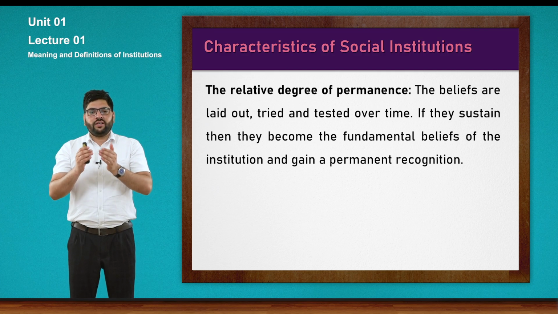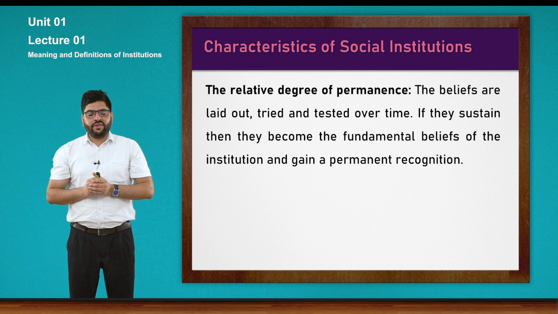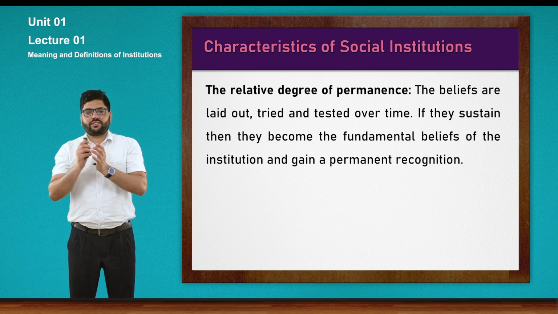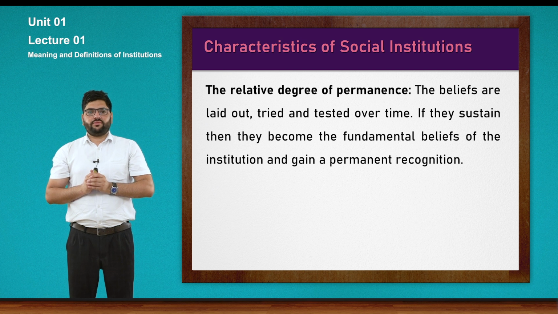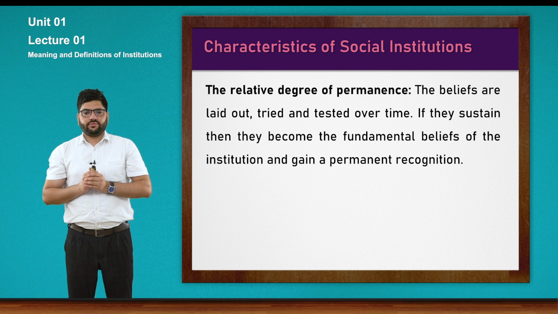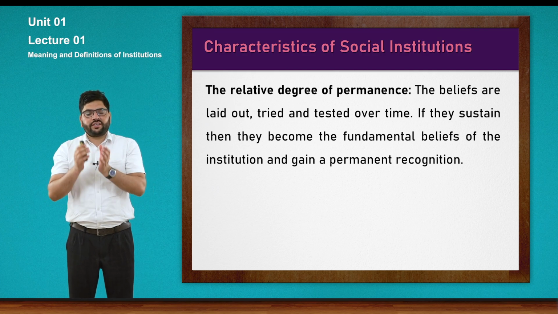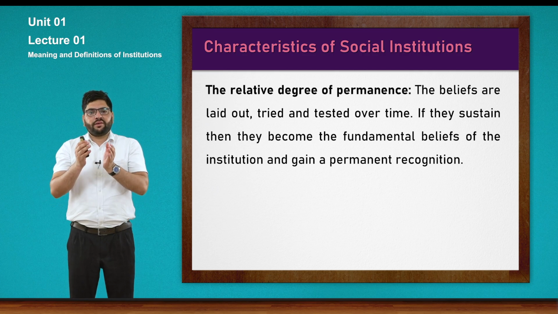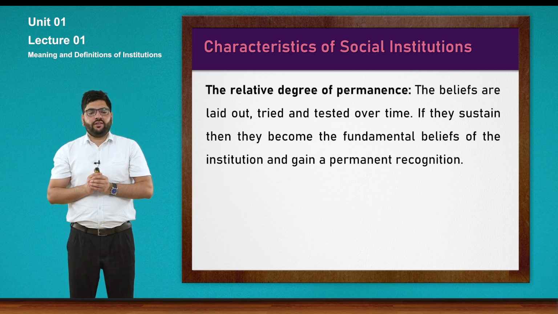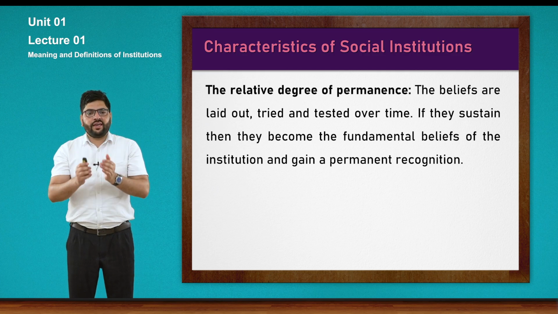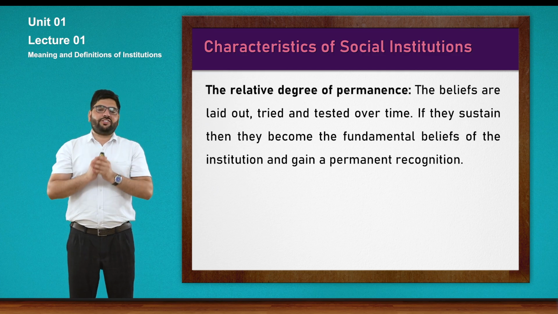Let us have a look at another characteristic of the social institution. I am here saying that there is a relative degree of permanence. So the beliefs are laid out, tried, and tested over time. If they sustain, then they become the fundamental beliefs of the institution and gain permanent recognition.